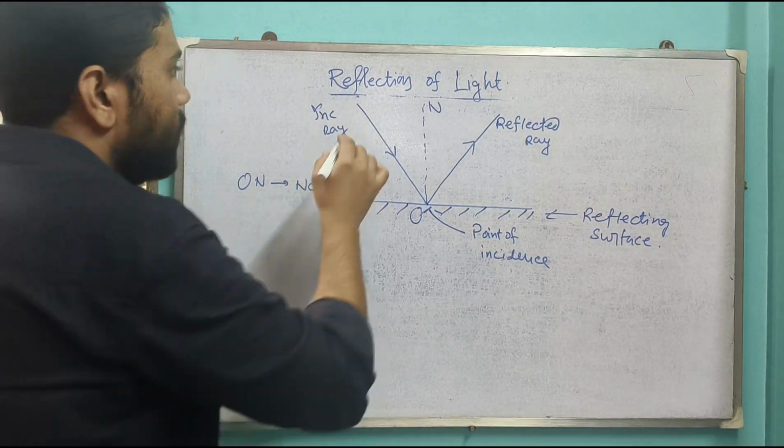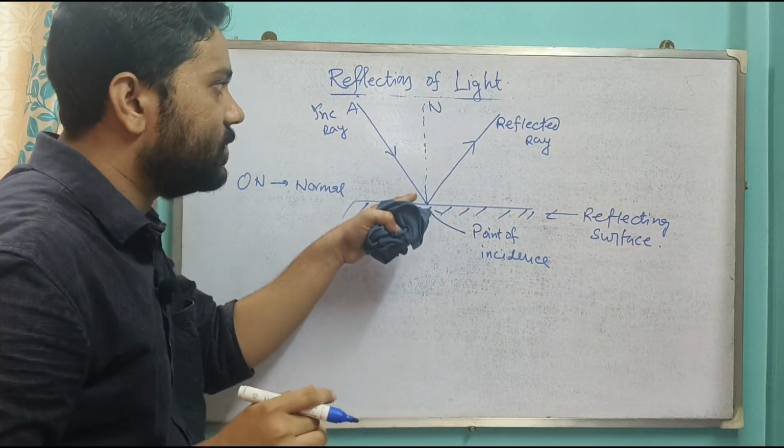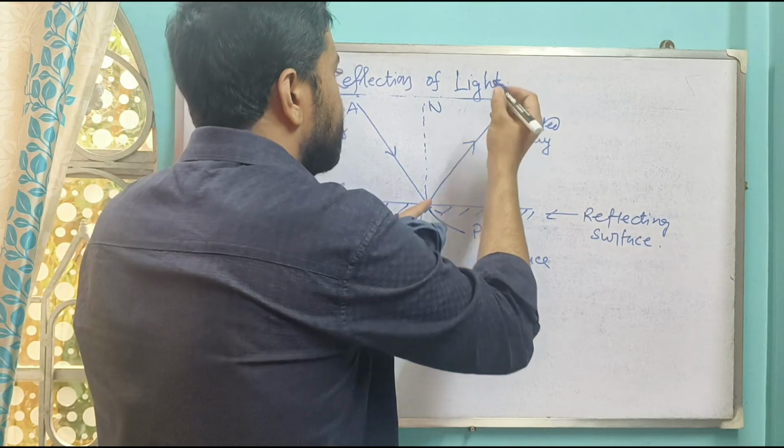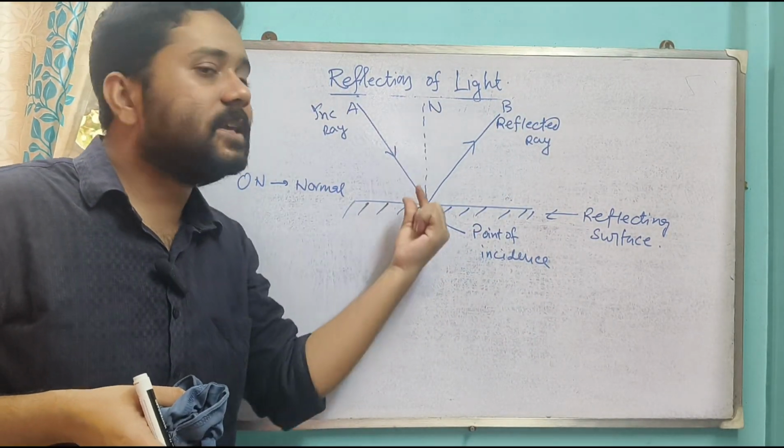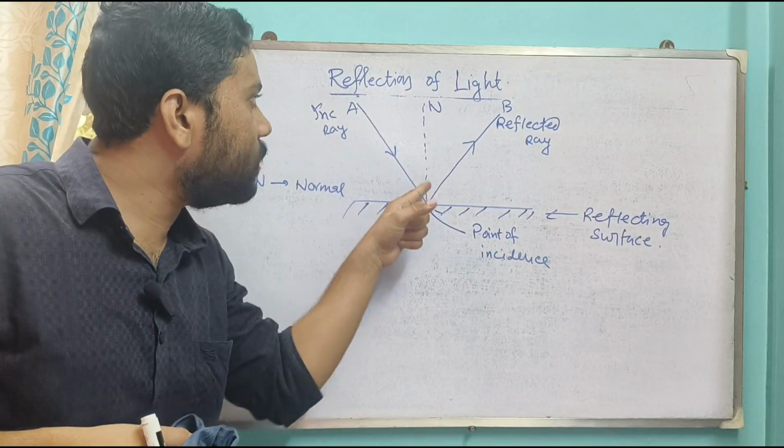You can notice here, if AO is the incident ray and OB is the reflected ray, then the incident ray AO makes an angle with the normal, that is angle AON.